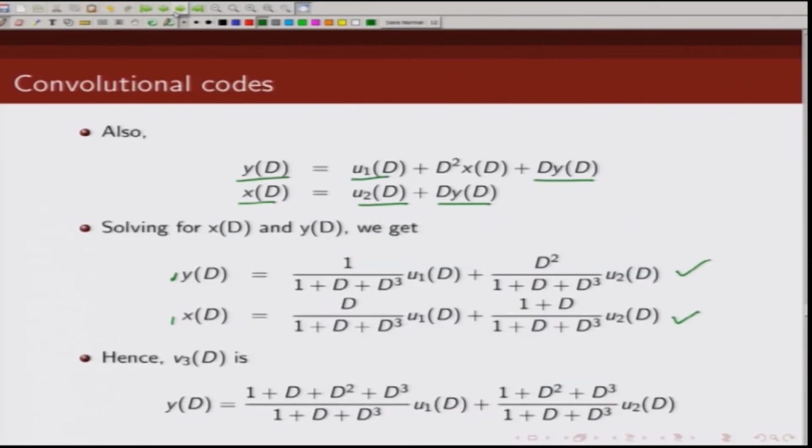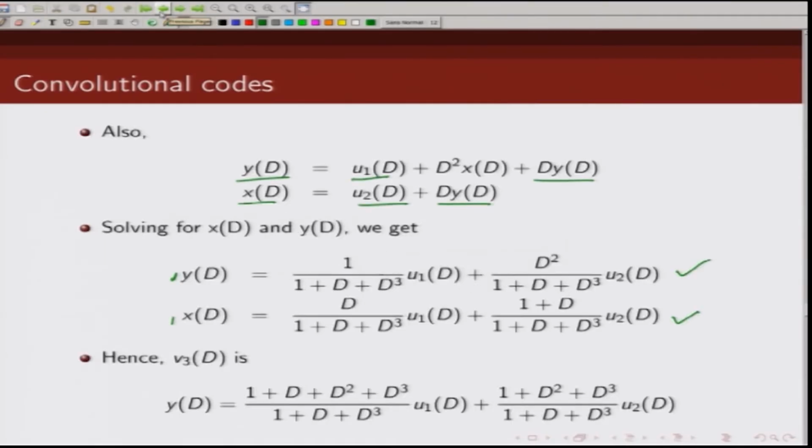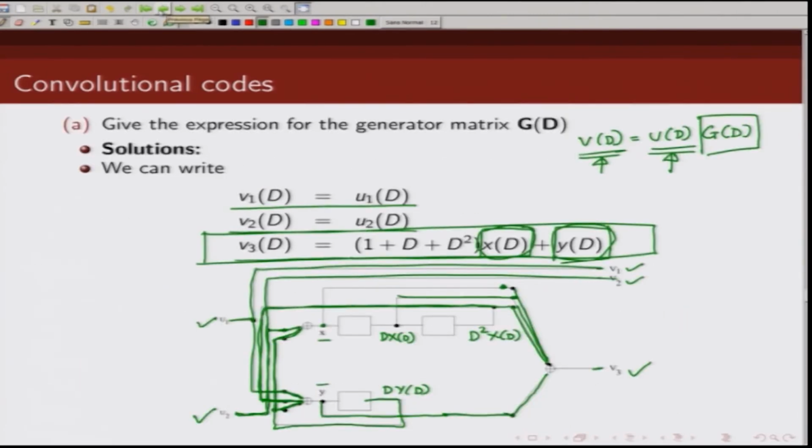If we do that, we will get the expression of y3 of d. Finally this is v3 of d. So, what we get is v3 of d is this times u1d plus this times u2 of d. So, now we are in a position to write the generator matrix.